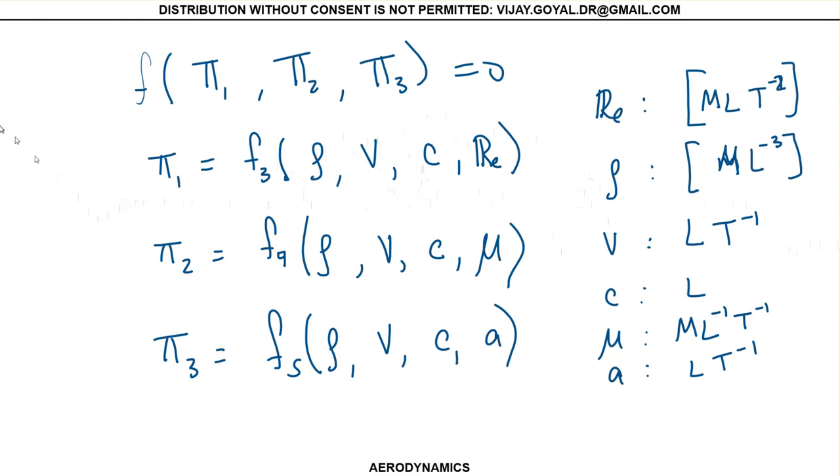To find the relationship, let's start with our first one, where pi 1 is equal to f3 times rho. Let's forget about the infinite. Infinite typically means the free stream, the speed of the aircraft, but let's be a little bit sloppy and forget about that for a moment.